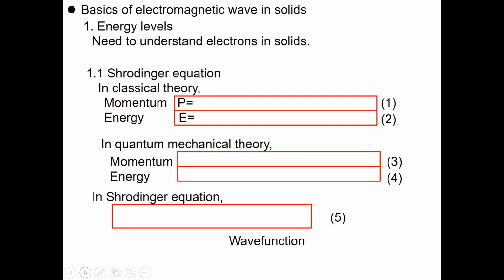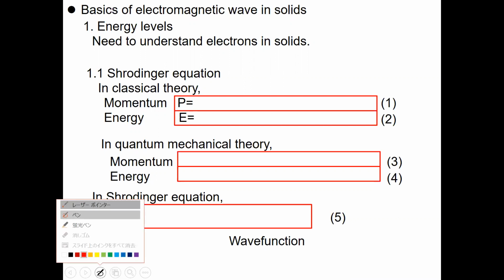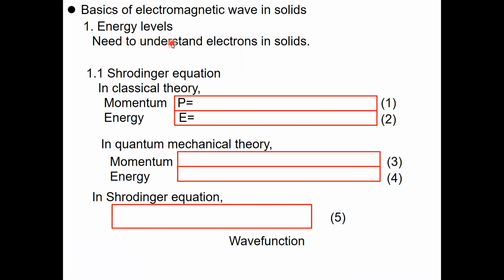So the first one is the energy level. And of course, in any photochemical processes, we need to understand the electronic states in molecules and the solids. And in this case, solids. So what's the difference between the molecules and solids?